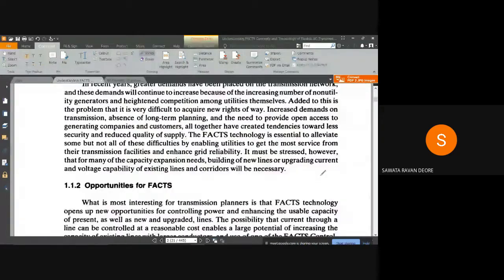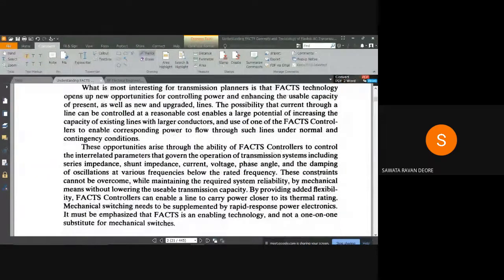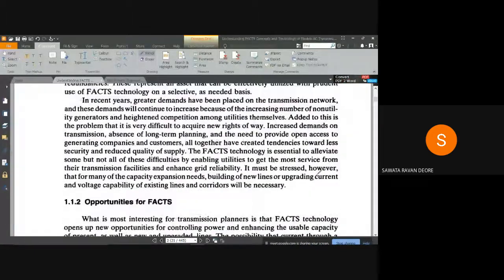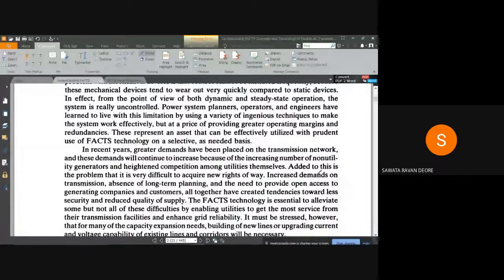So this is what about the interconnection of the transmission system, and what problems will come with that. In summary, please keep in mind that we are doing the interconnection of the transmission lines for economical and reliable purposes. But along with that, it comes with less security and a complex network, which increases the problem of protecting such systems.